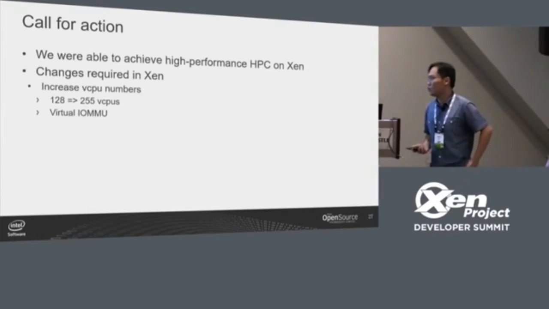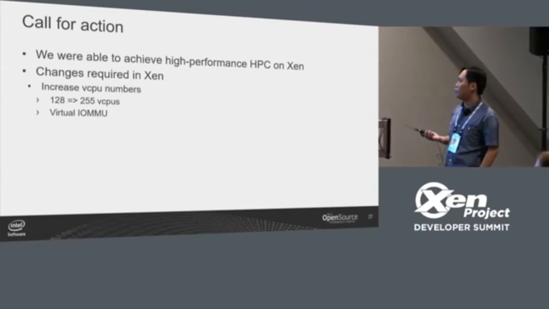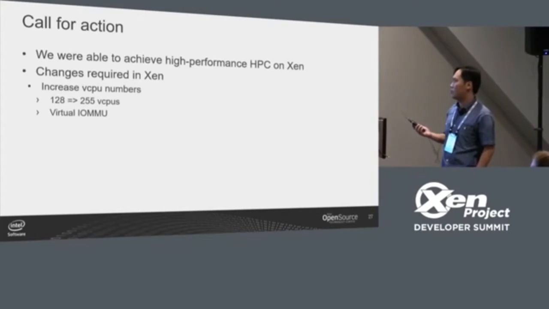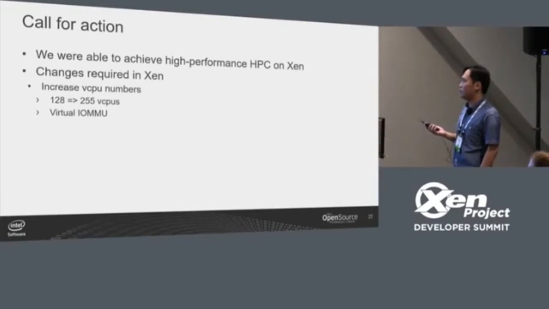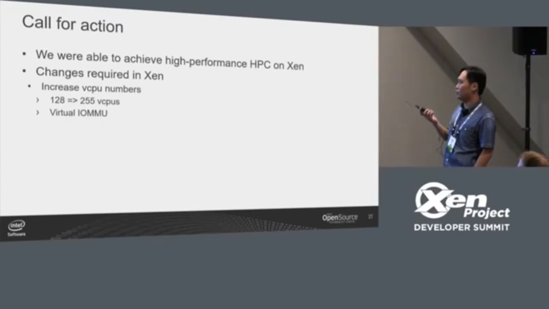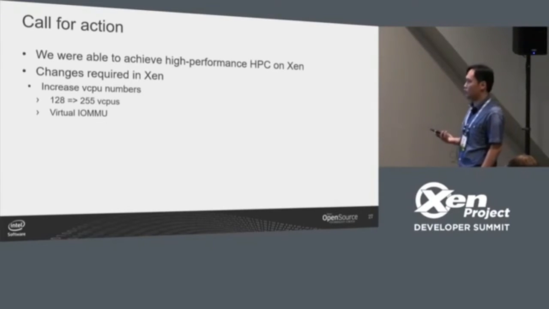Call for actions. We are able to achieve high performance HPC on Xen, but some changes are required in Xen. First is increasing the vCPU numbers. This task can be divided into two parts. First is increasing from 128 to 255 vCPUs. This task doesn't require new features. And the second is virtual IOMMU.